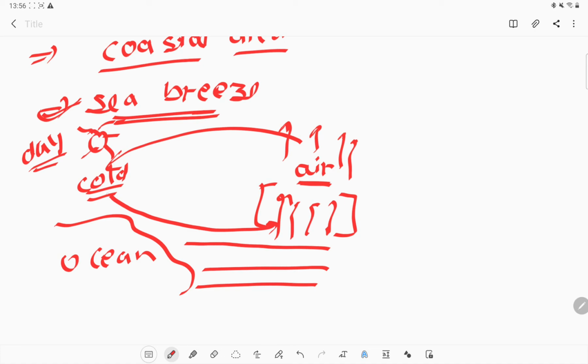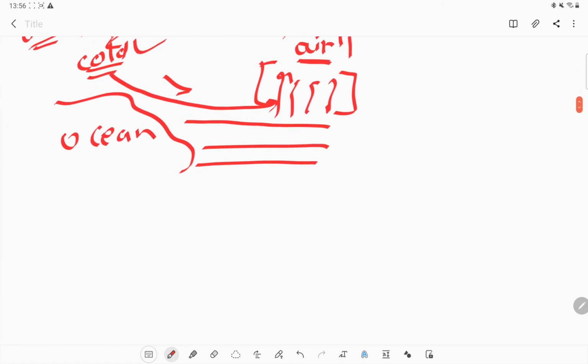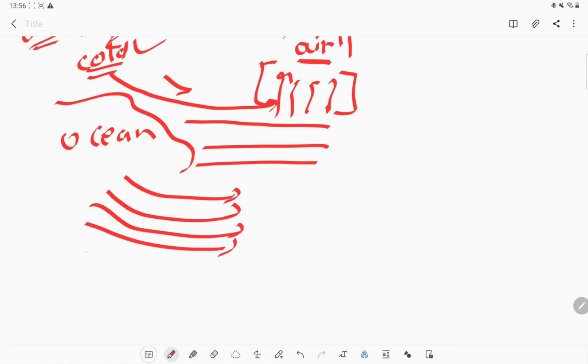The cold air will move toward the land area, and the land will again make it hot and it will go up, and that hot air will take the place of the cold one, and cold will take the place of the hot. That's why we feel the breeze of the ocean on the land in the daytime.